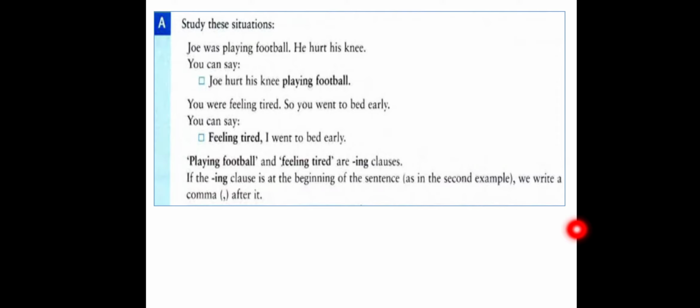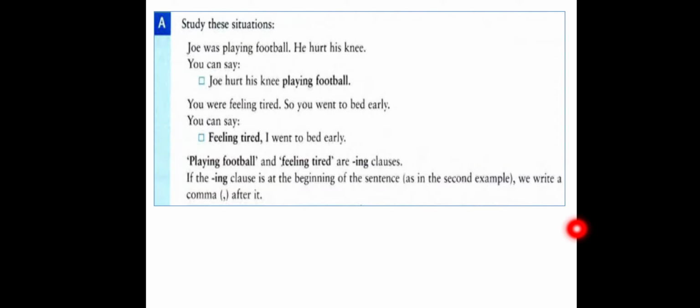In this sentence, while is a subordinate conjunction, and he was is the subject and linking verb. When we want to get a reduced clause, we cut off the conjunction while, and he, and the linking verb, and what remains? Joe hurt his knee playing football.